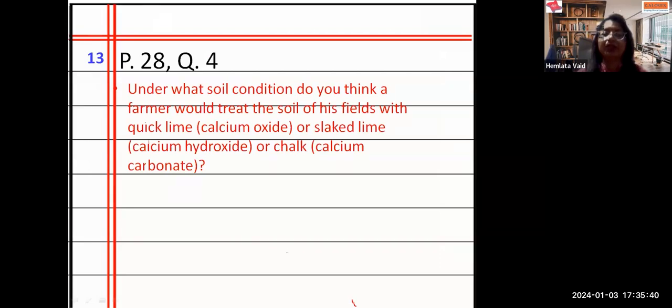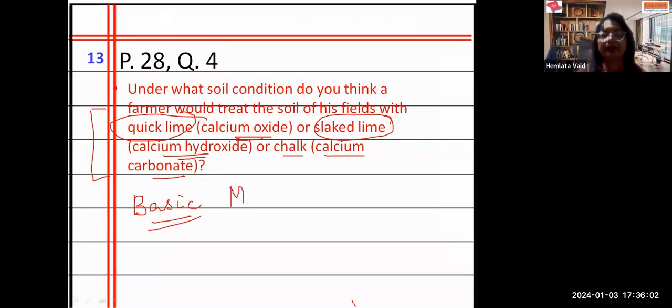Under what soil conditions do you think a farmer would treat the soil of his field with quicklime, which is calcium oxide, slaked lime, which is calcium hydroxide, or chalk, which is calcium carbonate? All three substances are basic in nature. They are mild bases. So now you must have got an idea in which condition these substances are added to the soil.